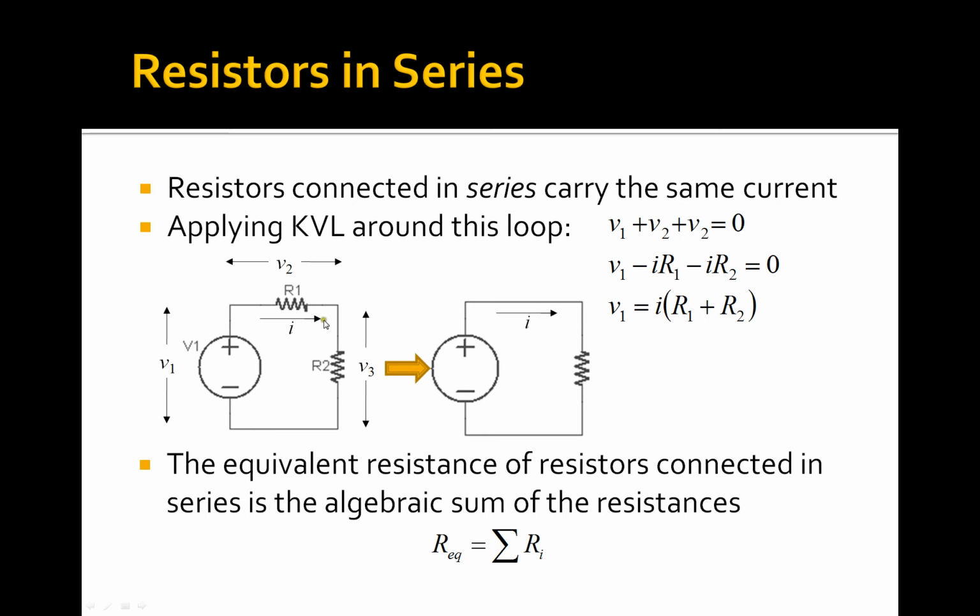So since they have the same current through them, they're in series, and what we can do is apply Kirchhoff's voltage law around the loop. Kirchhoff's voltage law says the sum of all of the potential gains and losses in the loop has to sum to 0. All right, so we have a gain with V1 and we have a loss with resistor 2, and that should be resistor 3 right there, V3.